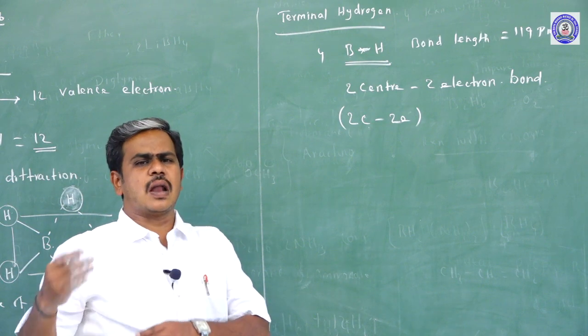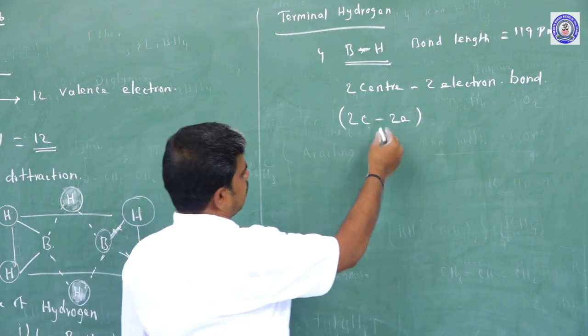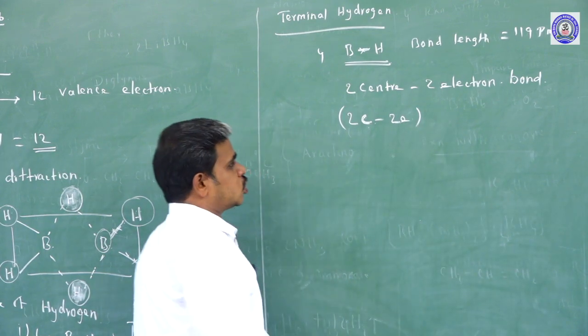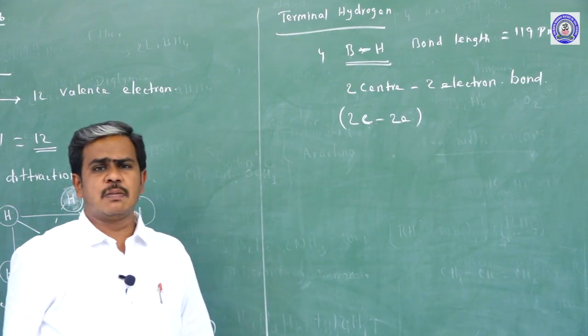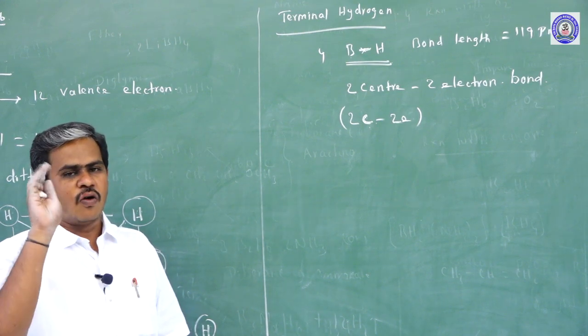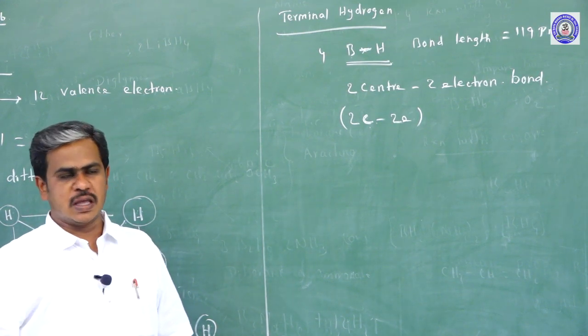It is a general normal covalent bond. How many 2C2E bonds are present in diborane? There are 4 2C2E bonds.